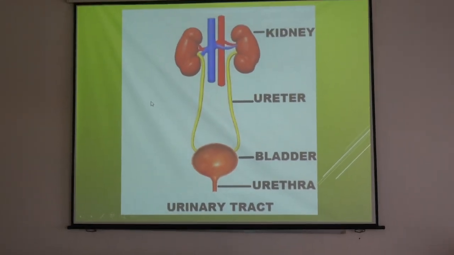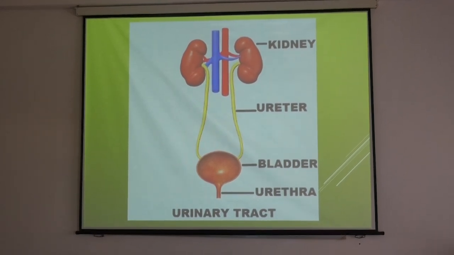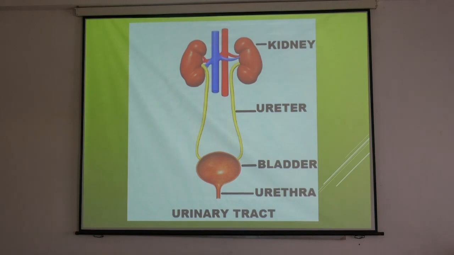So there are many causes of proteinuria. For our own understanding, we classify them into pre-renal causes, renal causes and post-renal causes. Any causes occurring before the blood enters the kidney are pre-renal causes. If there is a defect in the kidney and due to that the protein is coming in the urine, those are renal causes.